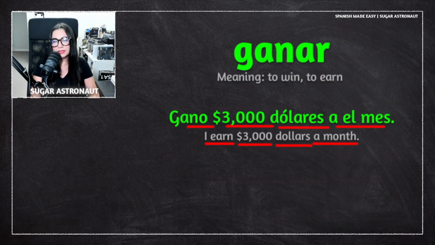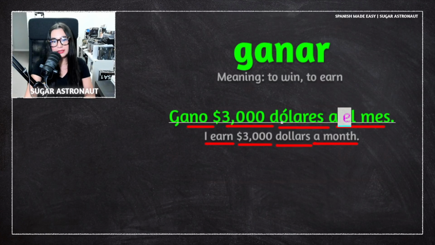Some people in Spanish say el mes de, and then you say the month, right? Technically, you're saying the month of January. But anyways, we don't have a el in Spanish.